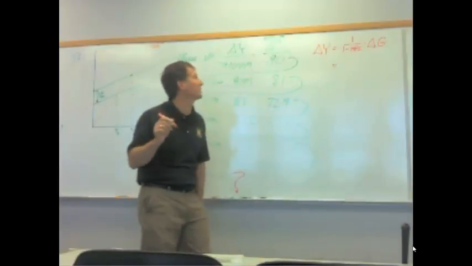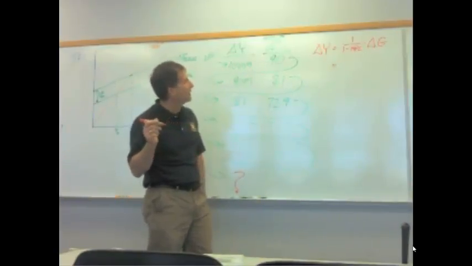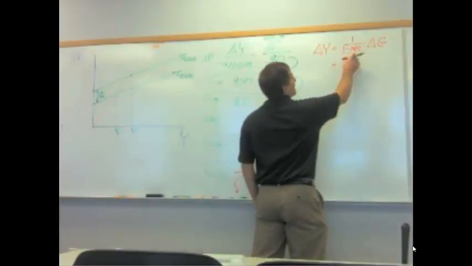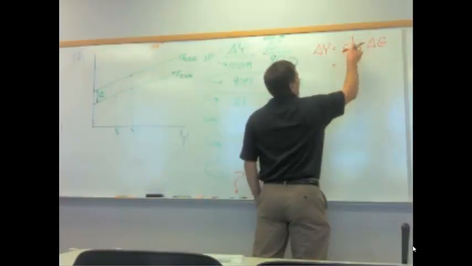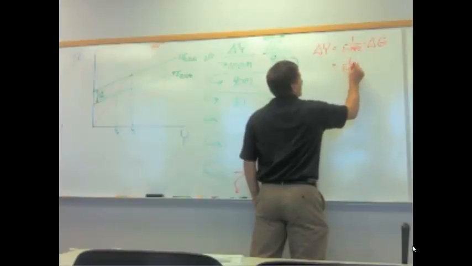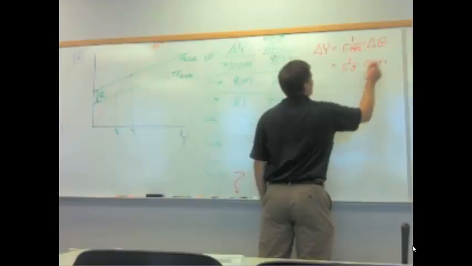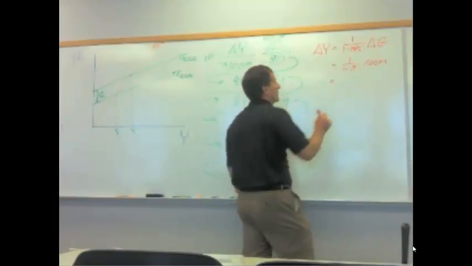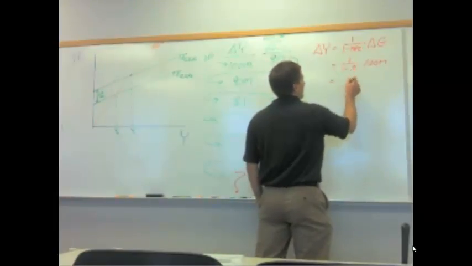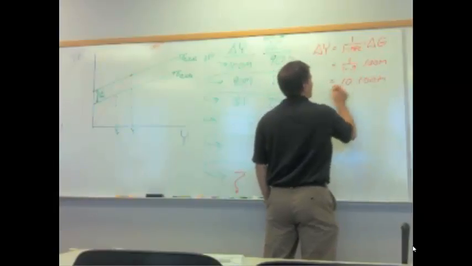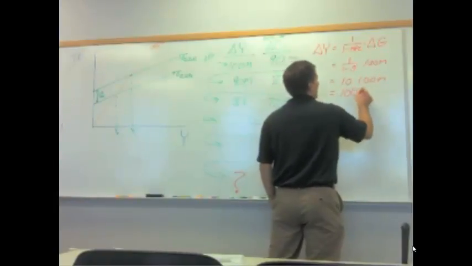And so 1 over 1 minus 0.9 times 100 million gives me 1 over 0.1, which is 10 times 100 million, or 1,000 million.